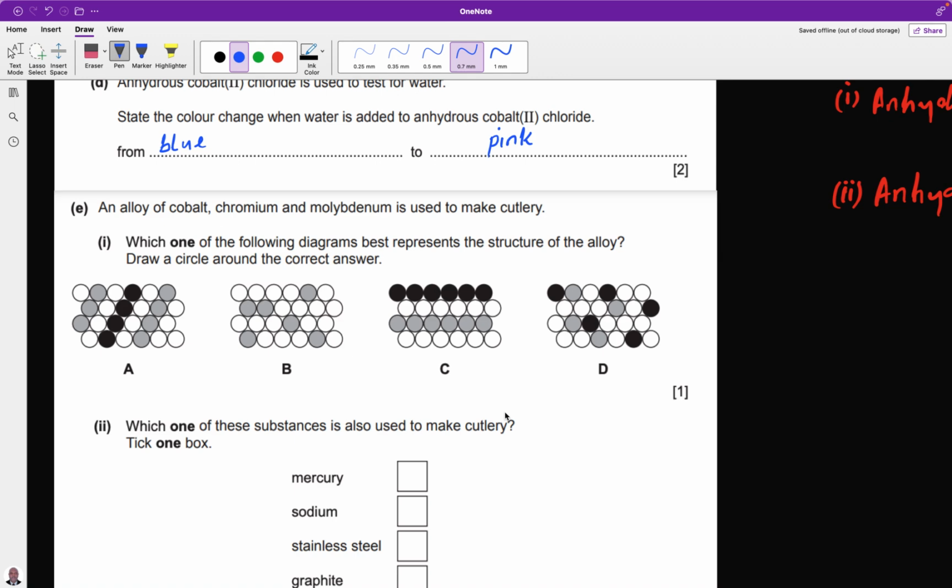E. An alloy of cobalt, chromium, and molybdenum is used to make cutlery for cutlasses. There are 3 elements involved in this alloy: cobalt, chromium, and molybdenum.